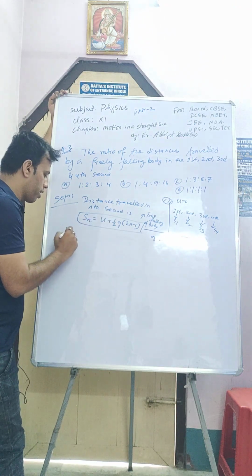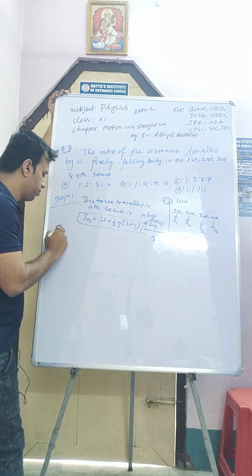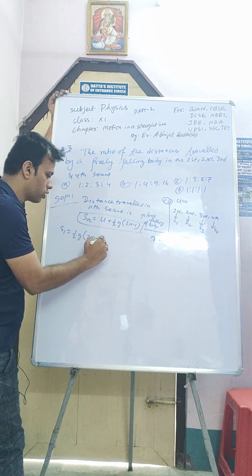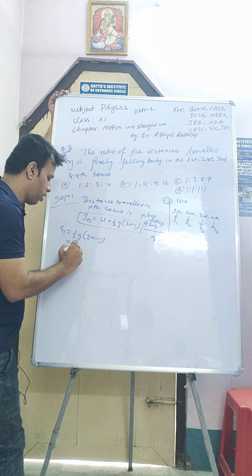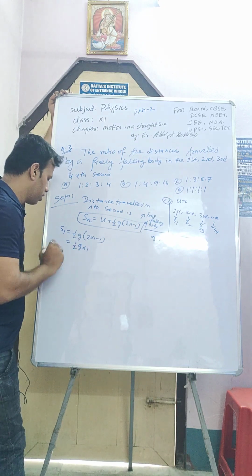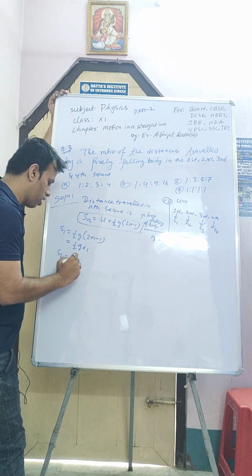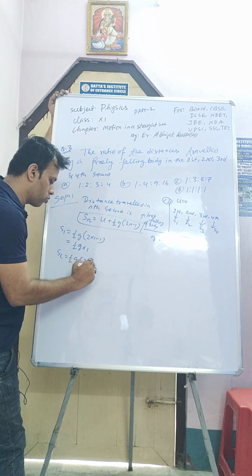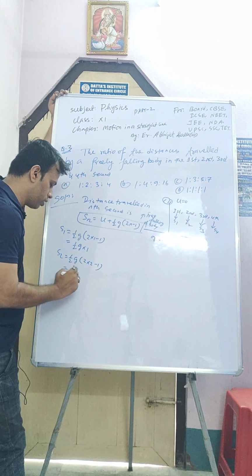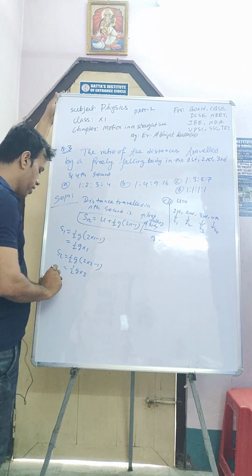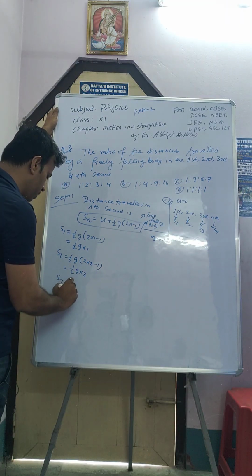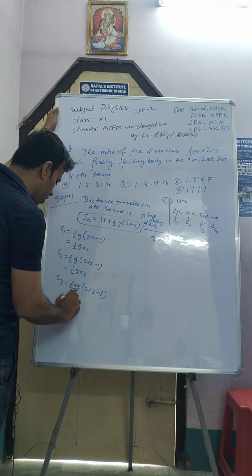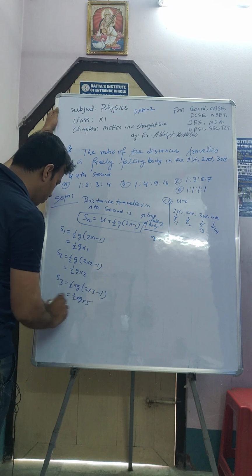So S1 will be half g into (2 into 1 minus 1), that is half g into 1. S2 will be half g into (2 into 2 minus 1), that is 1 by 2 g into 3, and S3 will be half g into (2 into 3 minus 1), that is half into g into 5.